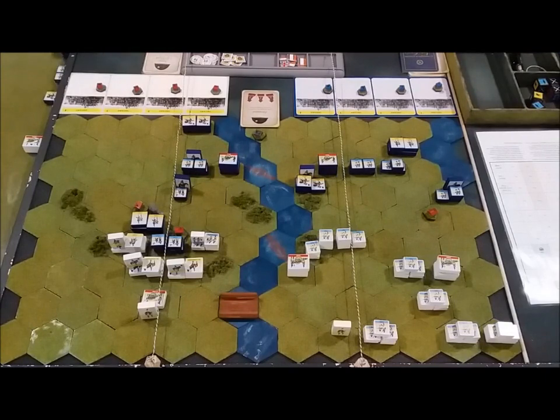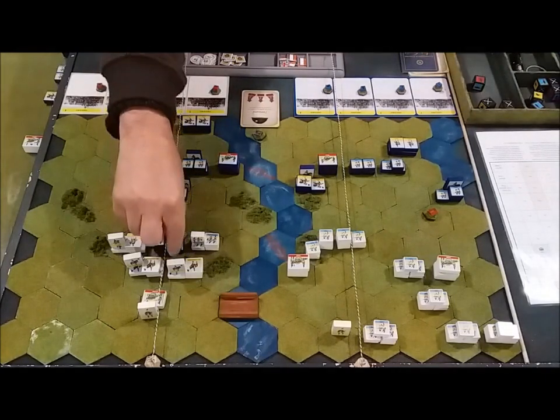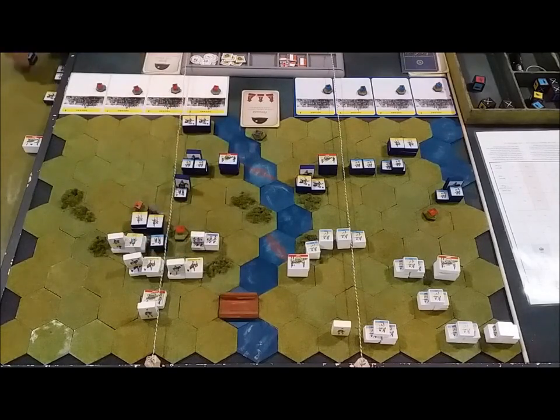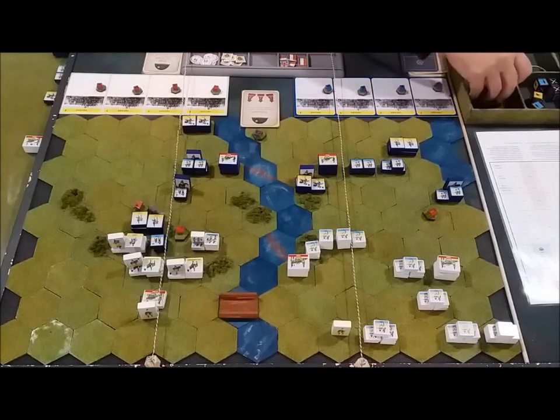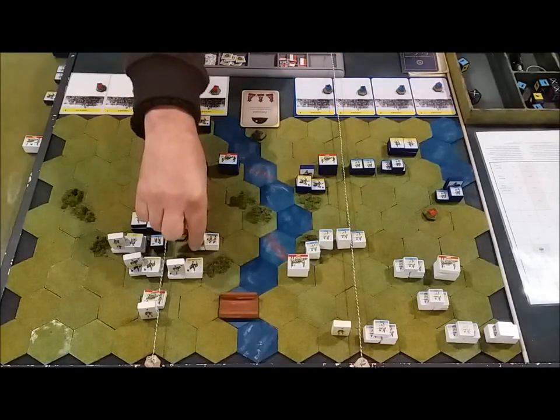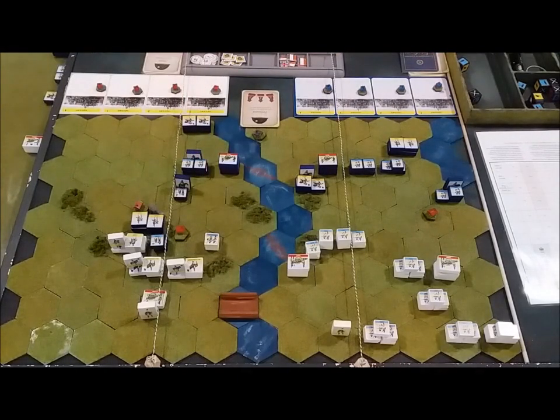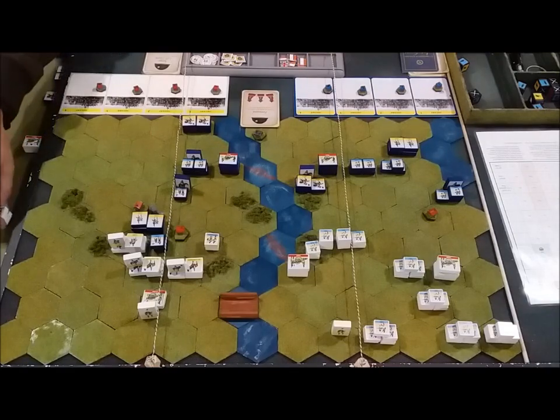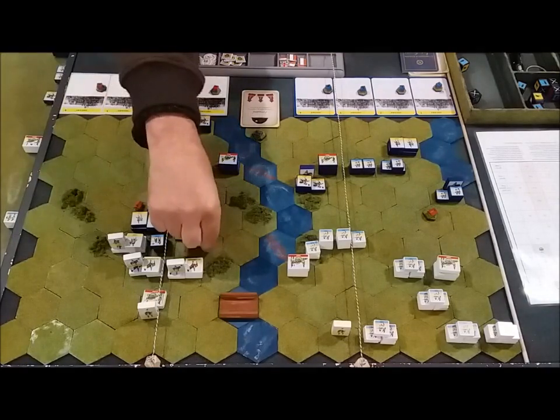So they get 3 against the light infantry, and they kill off 2 of them. The light infantry comes back with 2 against the grenadiers and get 2 of them, which was nasty. But well done for them.